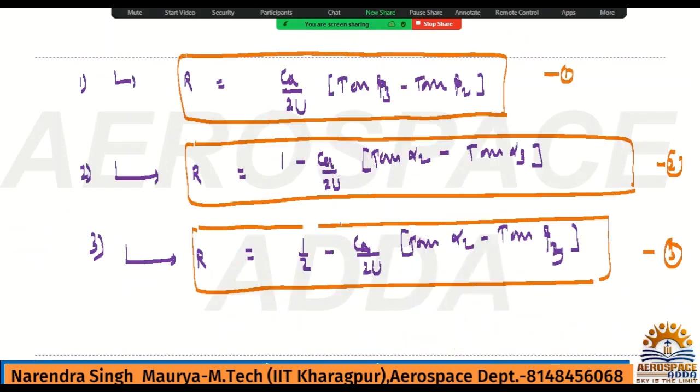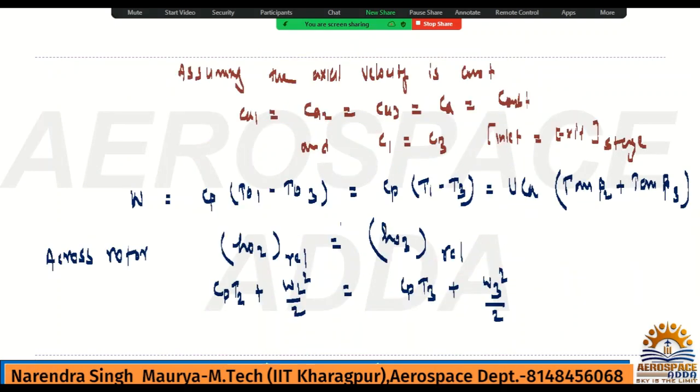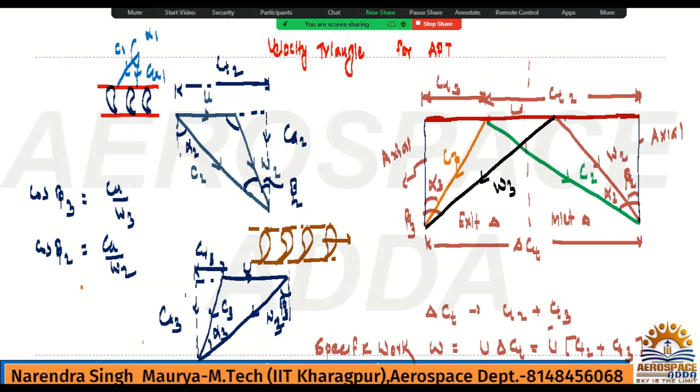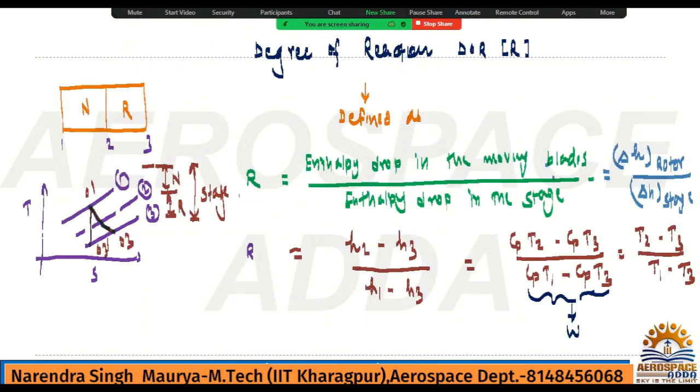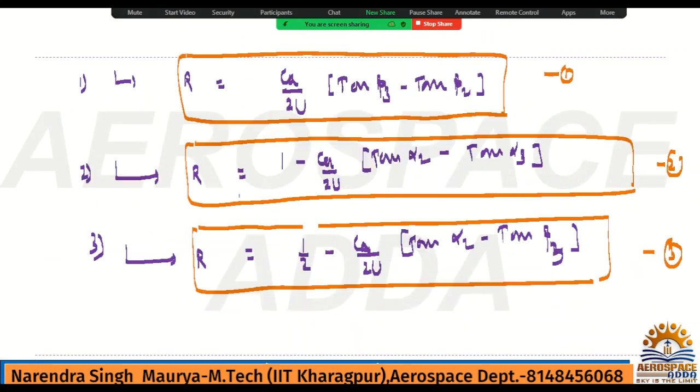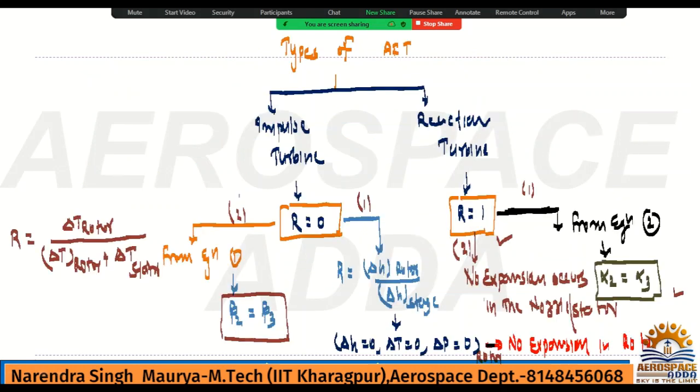In front of u, the angle is alpha 2 minus beta 2, and similarly for C2 it will be 180 minus 90 minus beta 2. Or you can use the previous triangle that I have given already. In the previous class I gave one more triangle. You can prefer any triangle, I have given three triangles in three ways, and you will get your answer.